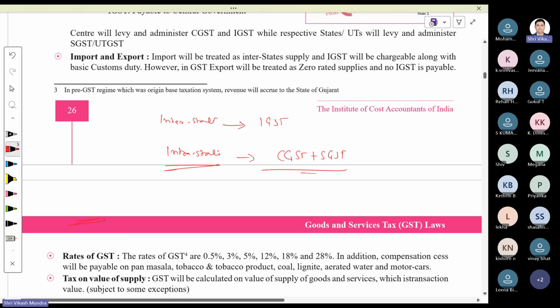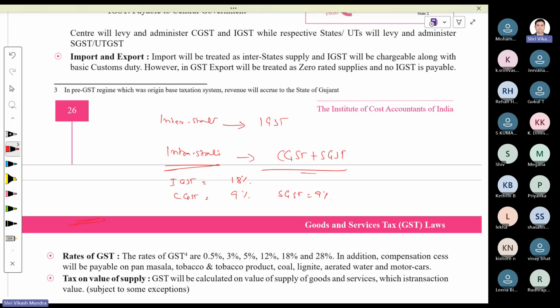The equation between these two rates: suppose IGST rate equals 18%. In that case, CGST rate is just half of it, which is 9%, and SGST rate equals 9%. So altogether, the rate of taxation would remain the same, but the nomenclature of the collection would be different.